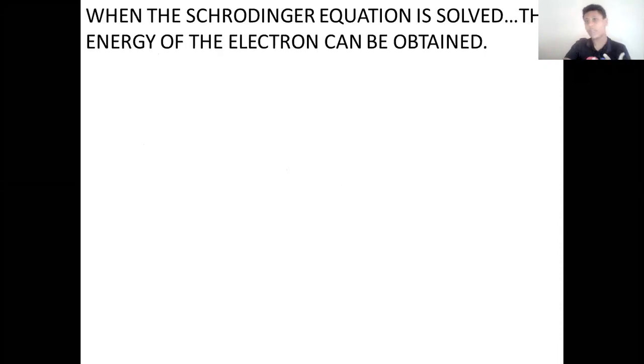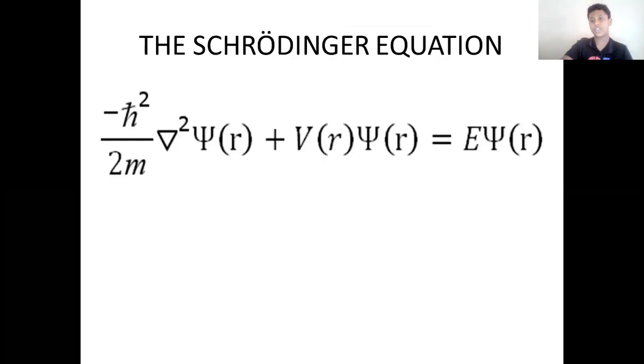Now, let's see the first point. When the Schrodinger equation is solved, the energy of the electron can be obtained. That's what the Schrodinger equation is used for. In this equation, you can see in the end that there's an E and a symbol. I don't want to get into that symbol now. We'll just focus on the E. E states the energy the electron can have, because the Schrodinger equation is about electrons.